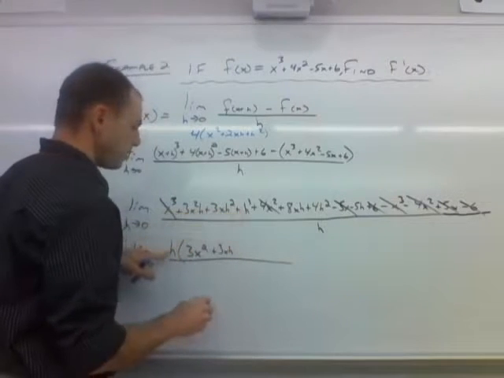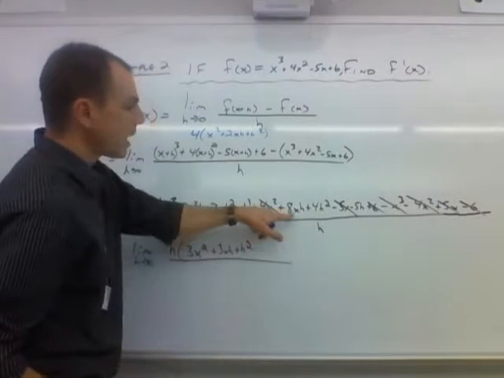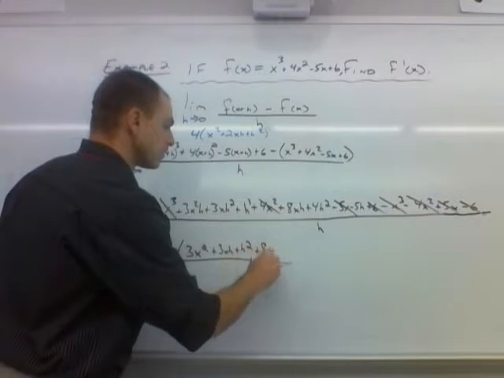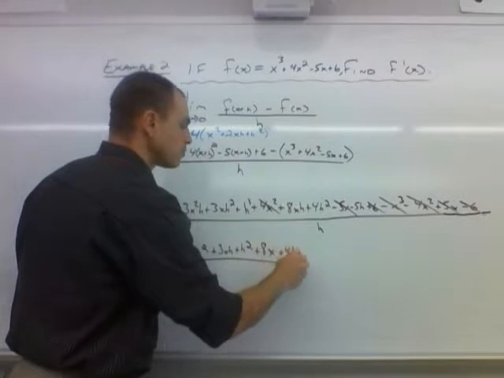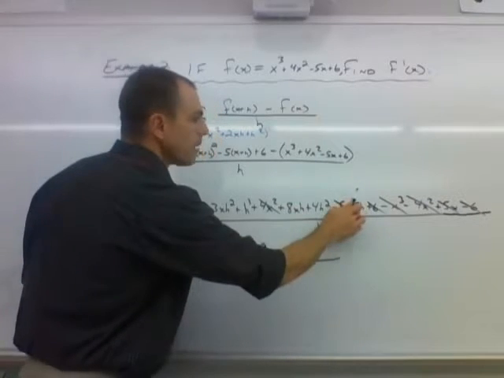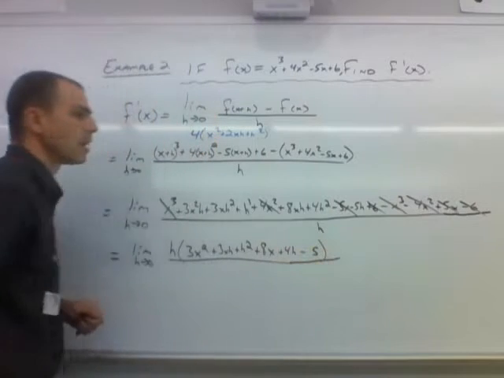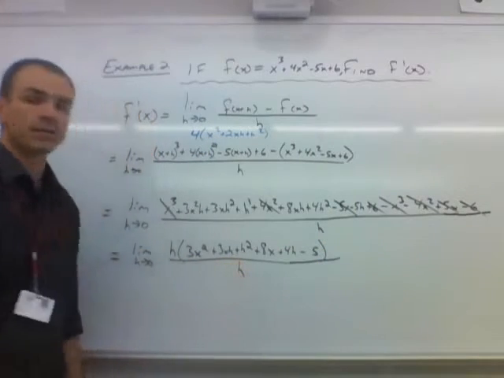H cubed divided by h is going to be h squared. 8xh divided by h is going to be 8x. 4h squared divided by h is going to be 4h. 5h divided by h is going to be 5. Everything else canceled out. We still have an h in the denominator.